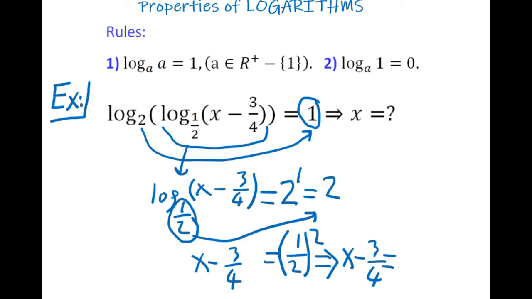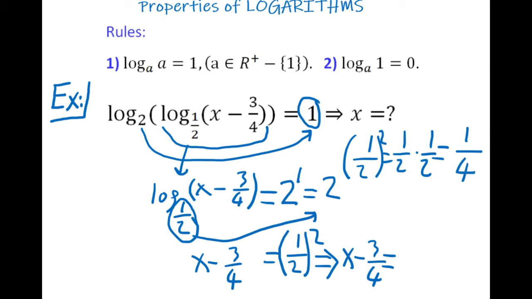Let me just write it here: 1 divided by 2 to the power of 2 is what? 1 divided by 2 times 1 divided by 2. If you want to multiply the fractions, you need to multiply numerator by numerator and denominator by denominator. So 1 times 1 is 1 divided by 2 times 2 is 4. So the square of 1 divided by 2 is 1 divided by 4.